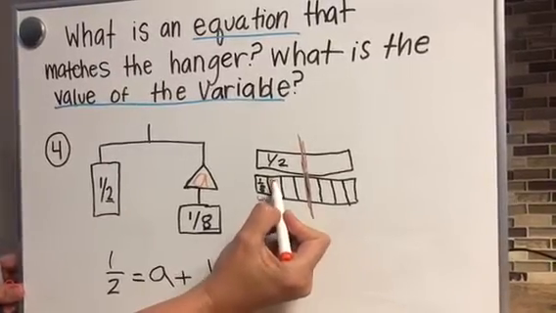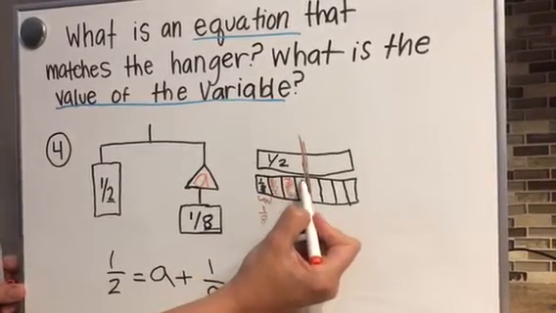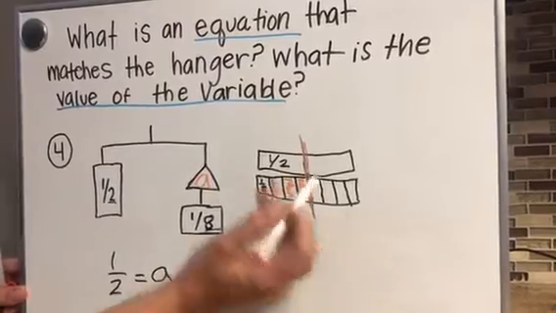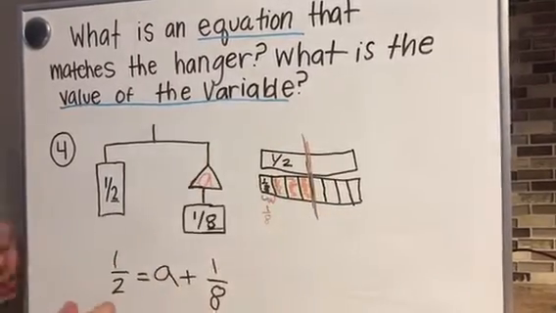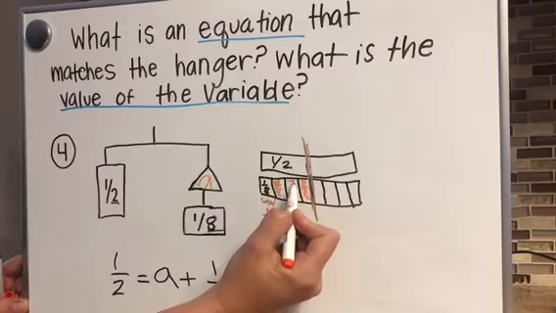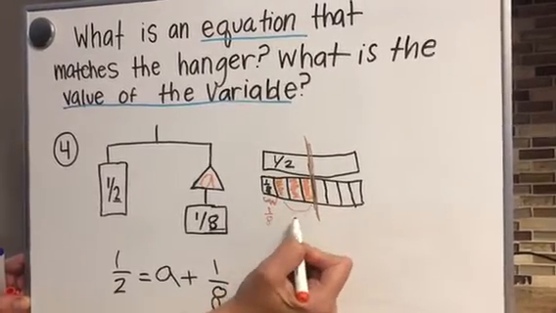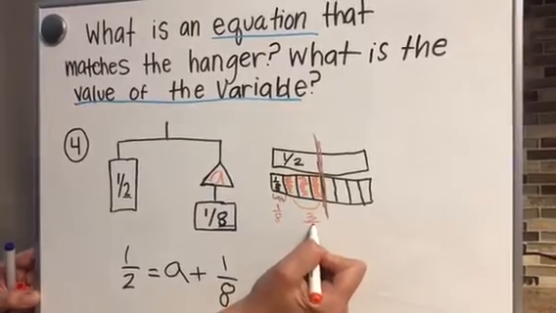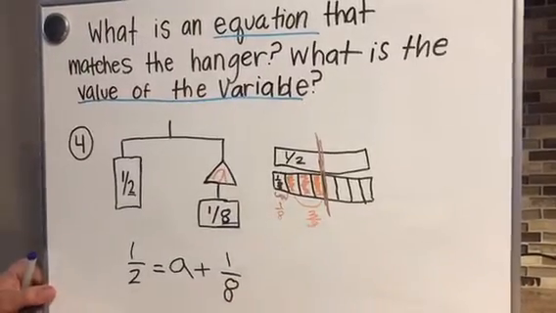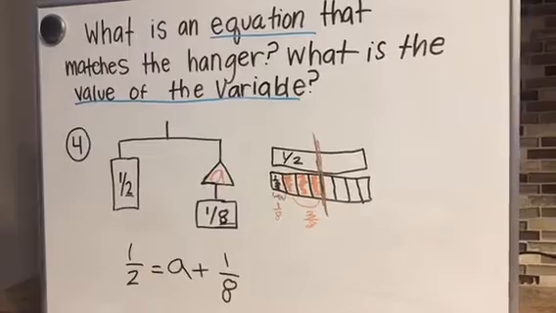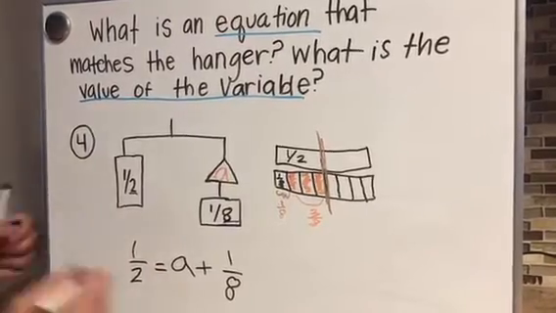How many more 8ths do we need in order for it to equal 1/2? We've got 1, 2, and 3. So this section right here equals 3/8. So A equals 3/8.